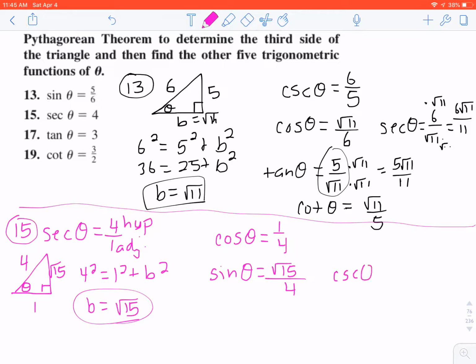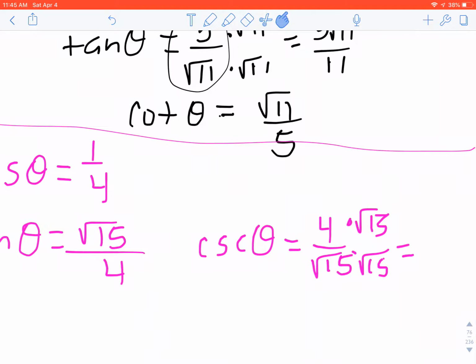The reciprocal of that is cosecant. Okay, so if you flip that, we have 4 over square root 15. Rationalize your denominator, so multiply the top and bottom by square root of 15. So you end up with 4 square root 15 over 15.